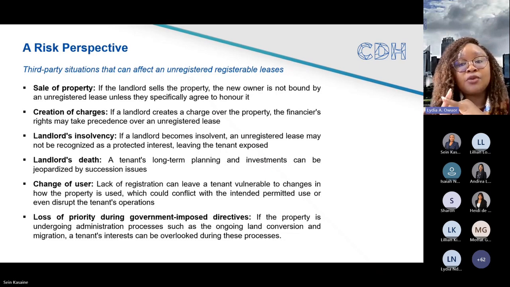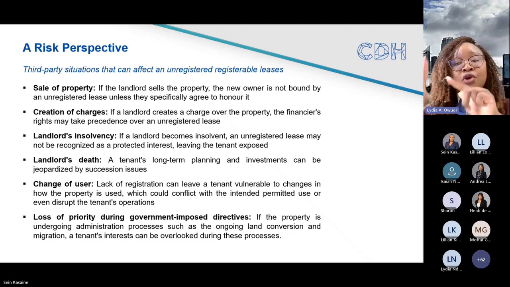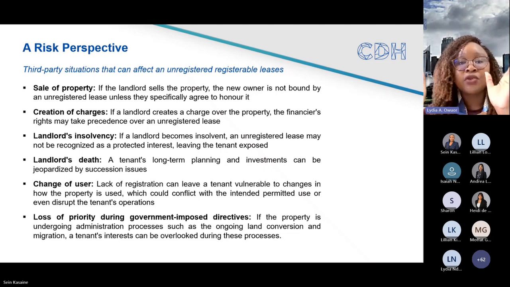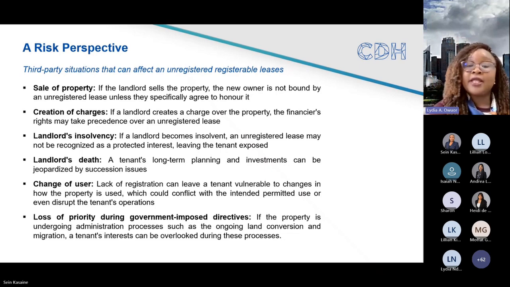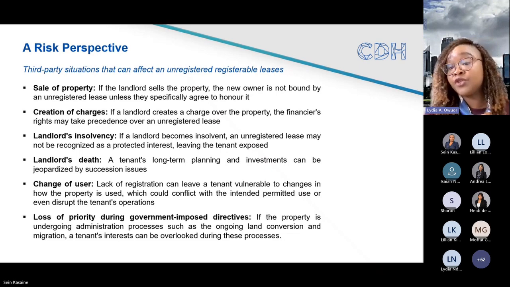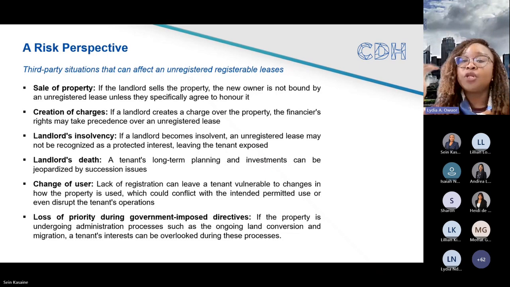Now, the landlord who retains absolute ownership of the property can decide to sell the property. When they do so, the new owner will not be bound by the contractual arrangement that exists between the tenant and the landlord, right? What that means is that a tenant can lose their right to occupy the leased premises despite their heavy investment, just because they are not cushioned against third parties.